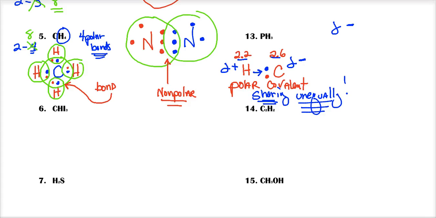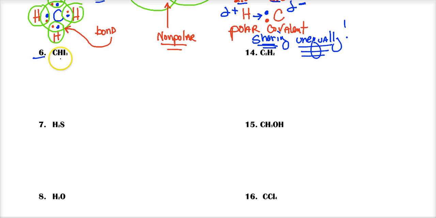Now, let's go to number 6. CHI3. Looks confusing. Who goes in the middle? Well, the carbon's going to go in the middle because hydrogen has 1 valence electron. All it needs is another to fill it.